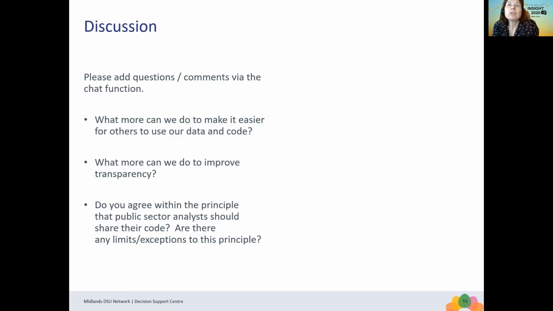There's an awful lot of support coming through in the chat for sharing, and thanks to people around the fact that we are trying to share and we are making the code open source and available, but also some barriers coming through around NCDR access.